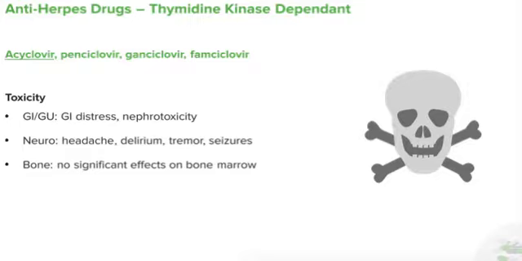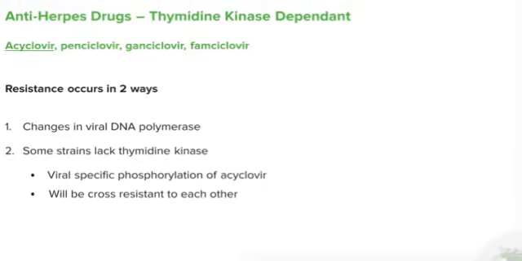How do agents develop a resistance to drugs like acyclovir? It will occur in two different ways. The first way is a change in the viral DNA polymerase. So obviously, if there is a change in the target molecule, the drug won't work as well on that target molecule.